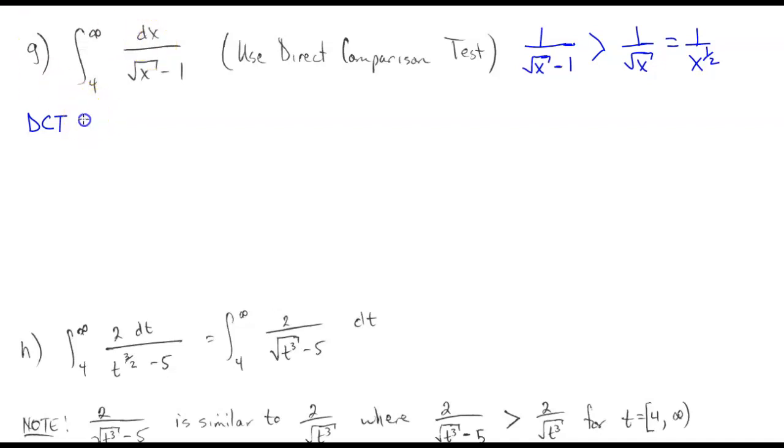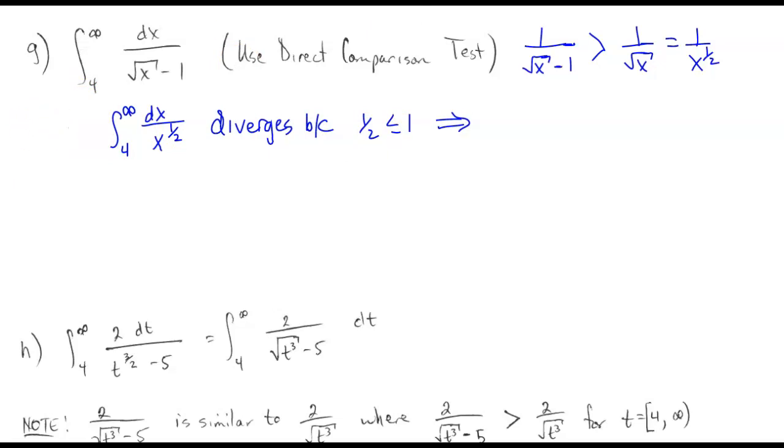Okay? And so here, remember that if we're going to consider this particular integral, it diverges because 1/2 is less than or equal to 1. Okay? So here, what I'm going to do is say it like this.